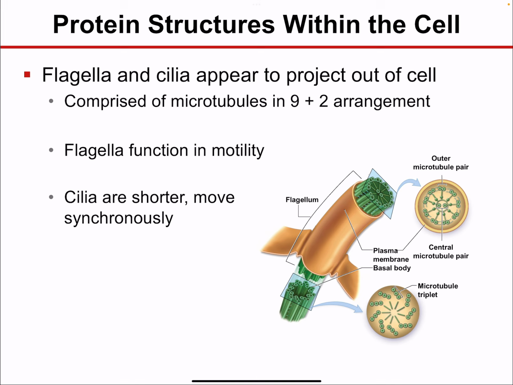Now, in prokaryotic cells, we saw that the flagellum is made up of three parts. You have the filament that is made up of flagellins. These are proteins. We have the hook, and we have the basal body. Three parts, right?